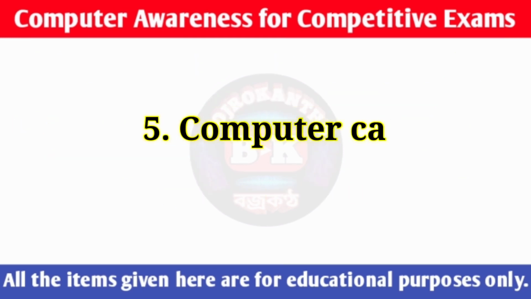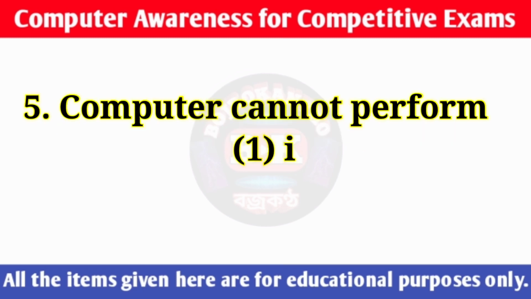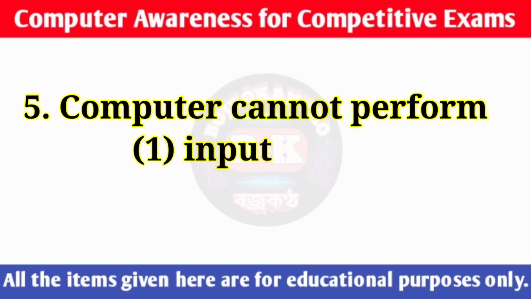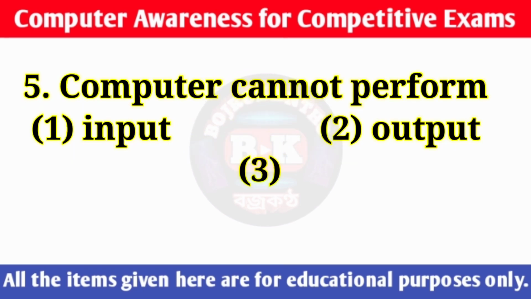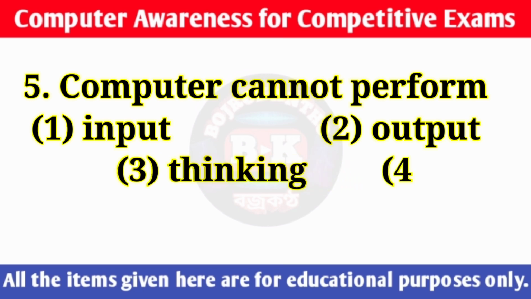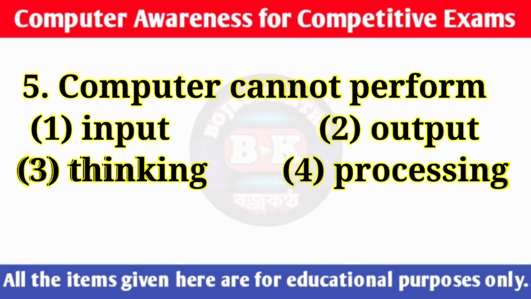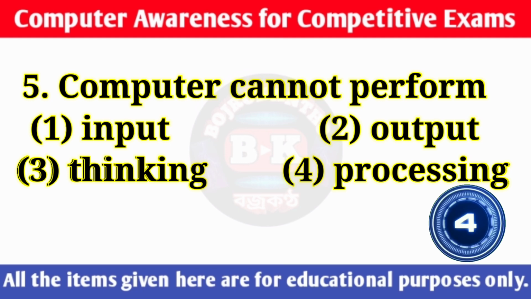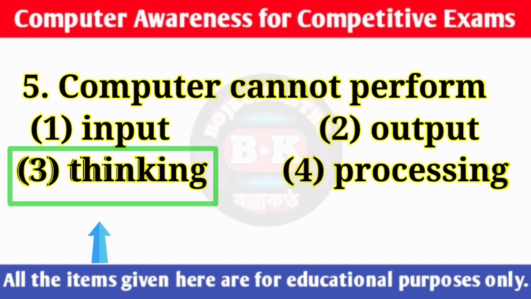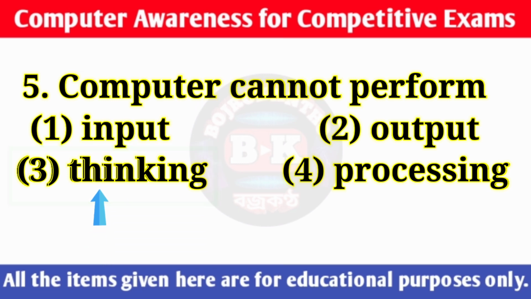Question number 5. Computer cannot perform. Option number 1 input, option number 2 output, option number 3 thinking and option number 4 processing. The correct answer is option number 3 thinking.